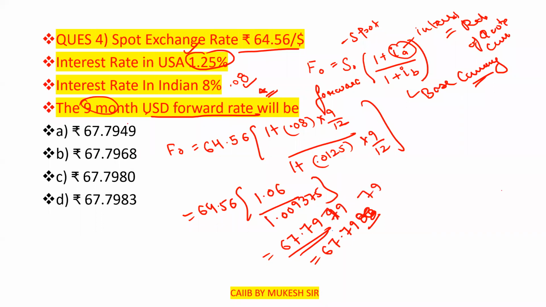So the other options will not be correct. Option number C is the correct answer. 7979, clear. They will round it off to 7980. So option number C will be the correct answer.